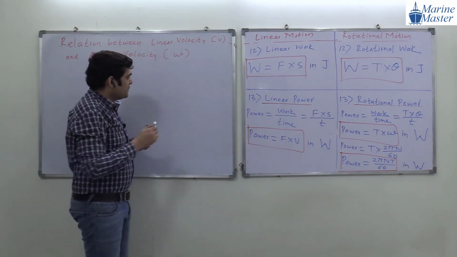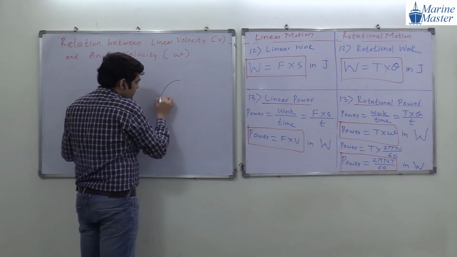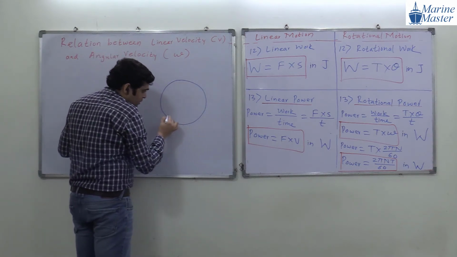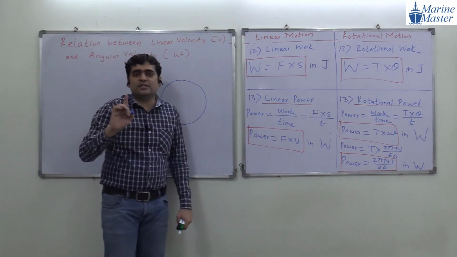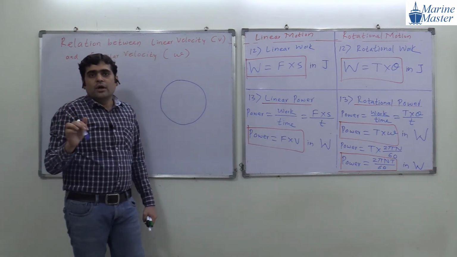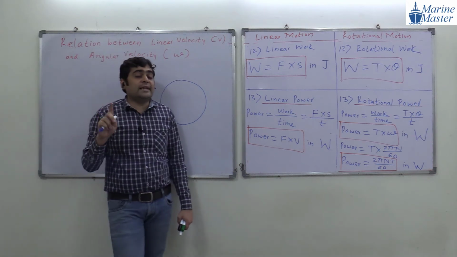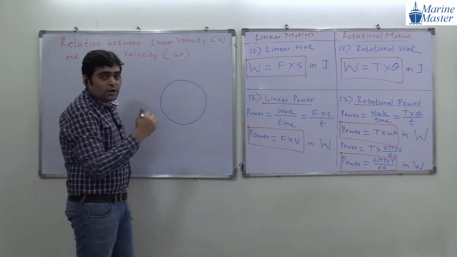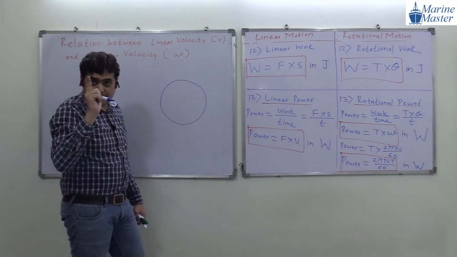See, there is one disc or pulley. Here the pulley is not a smooth pulley. In this chapter the pulley is not smooth. Whenever the pulley is smooth, there is no rotational motion of the pulley. Remember my point.